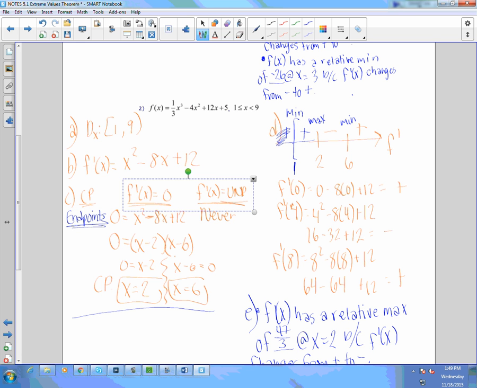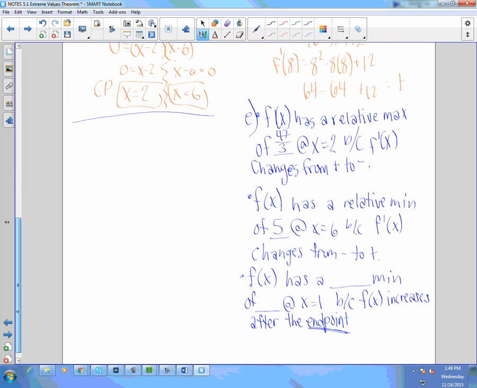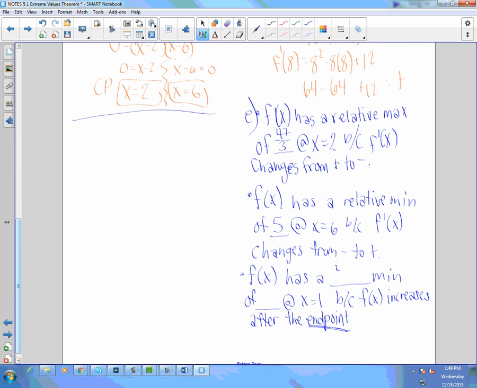So essentially we have 1/3 minus 4 plus 12 plus 5. Yeah, 40 thirds. Oops, no, that's the wrong blank. 40 thirds is over here.